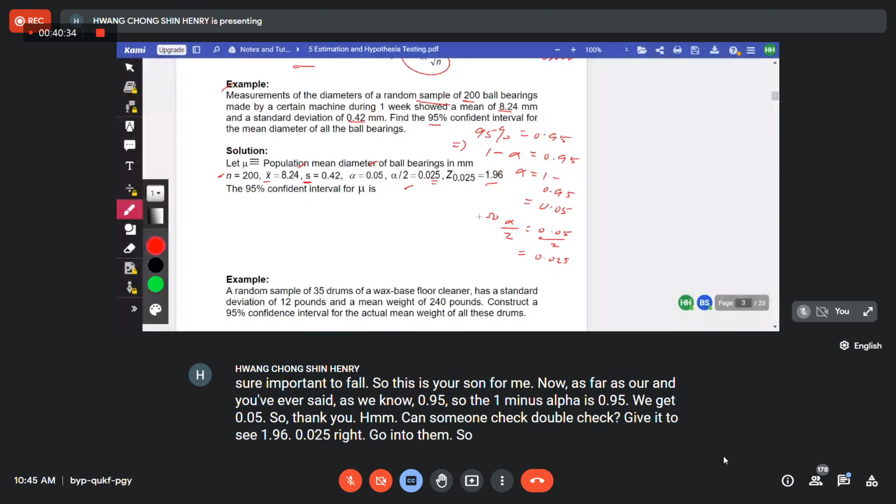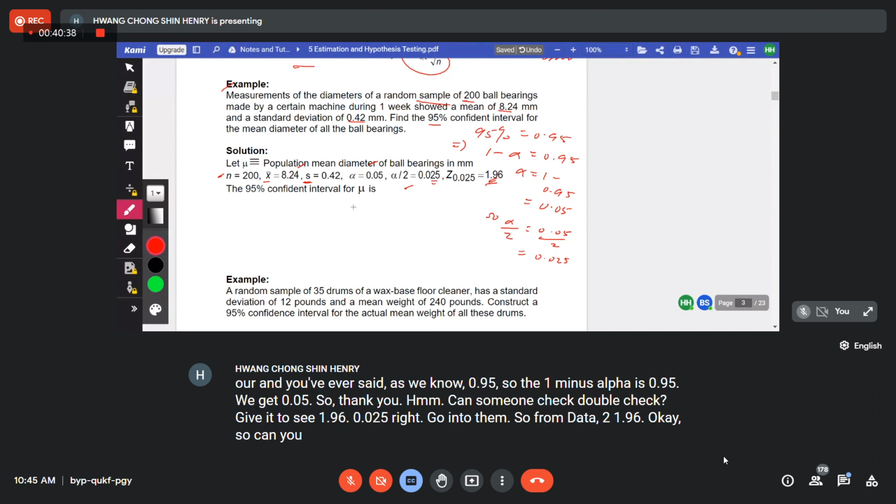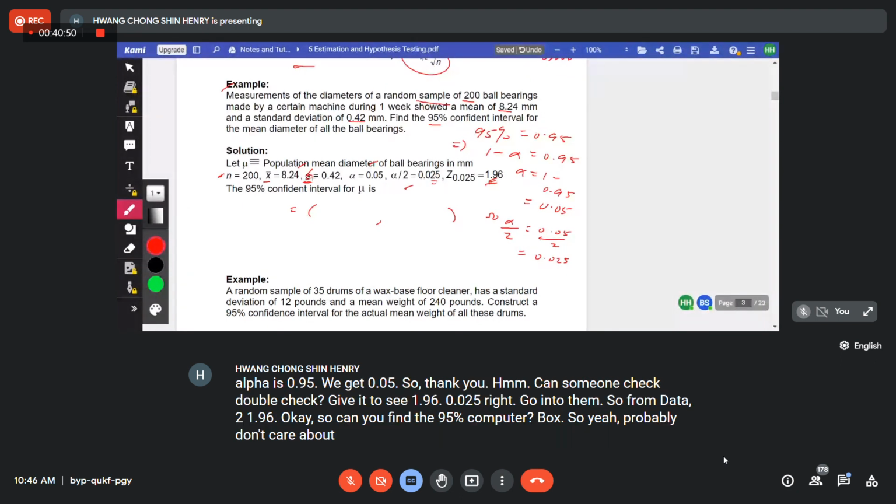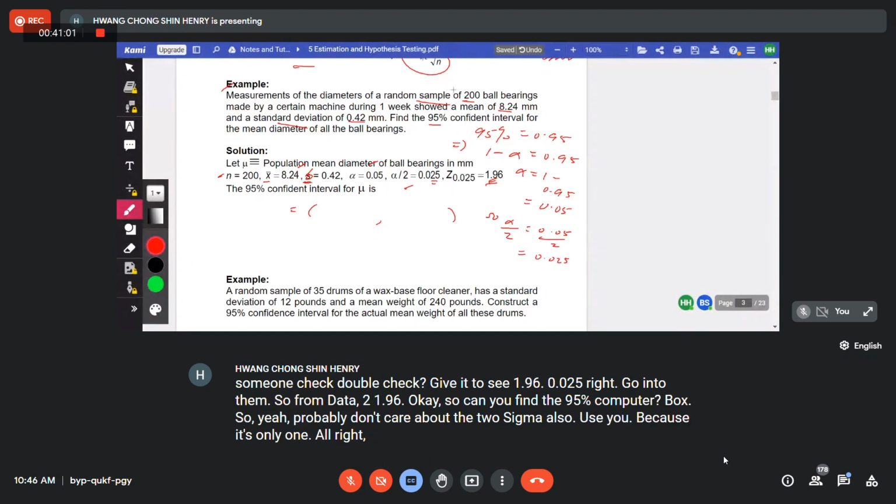So from table 2, 1.96. Okay, so can you find the 95% confidence interval for the mean? Someone type in the chat box. As I said just now, some people put sigma also. Still 0.42, right? Because there's only one variance here. Alright, should be simple.